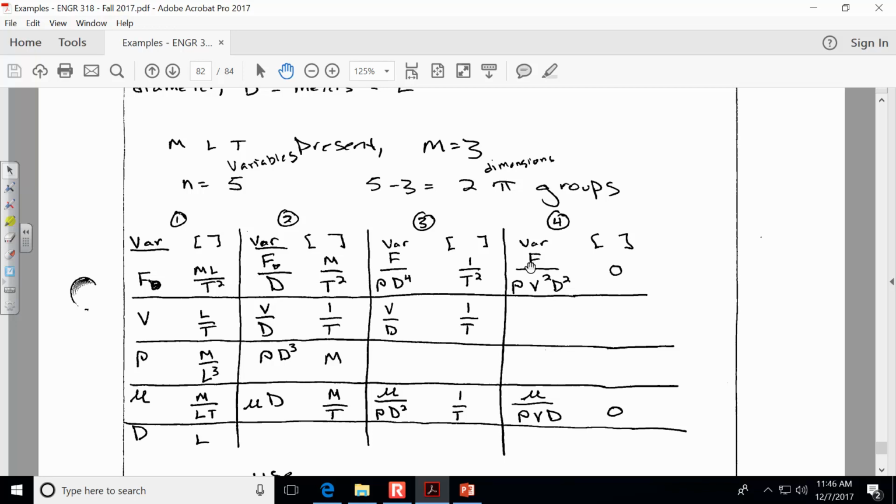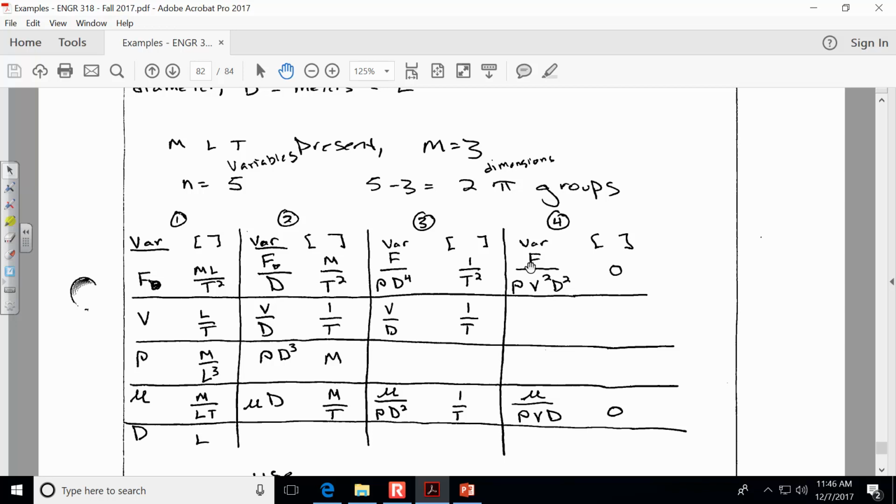Now let's see. Here we've got the viscosity, which has, oh, you know what? I wrote the wrong units for viscosity. No, density. I skipped over density. All right. So density has length cubed in the denominator of its units.